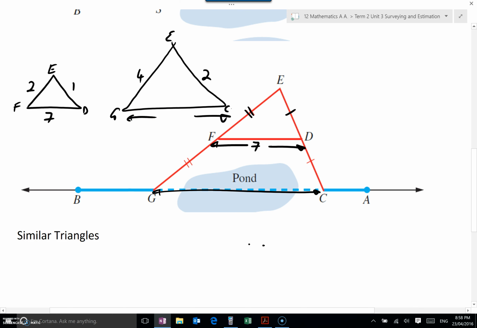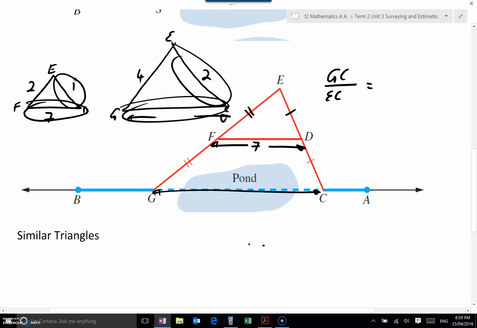Knowing that since these triangles are in the same proportion, they're similar triangles, they're not the same size, they're similar, I know that the ratio of the sides will be the same. So if I just pick two sides here, say the side GC and this side EC, I know that ratio is going to be the same as the corresponding sides on the other triangle, like FD on ED.